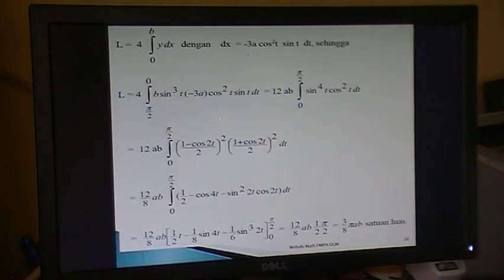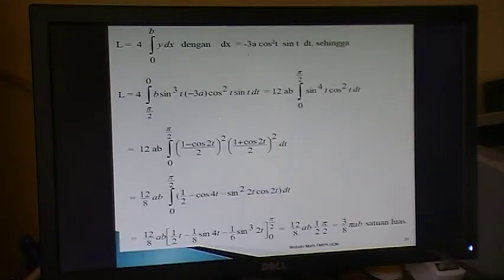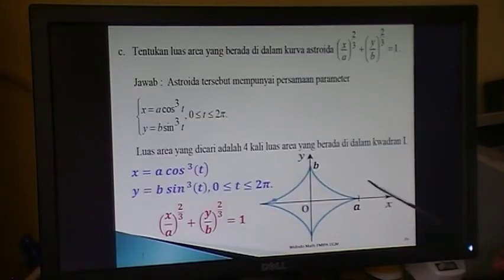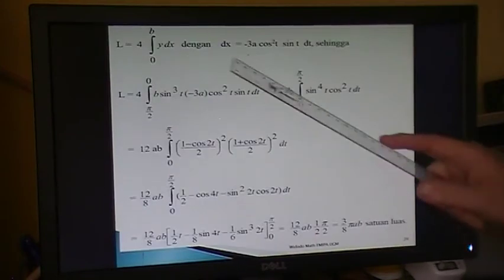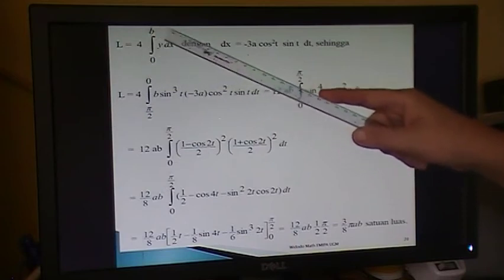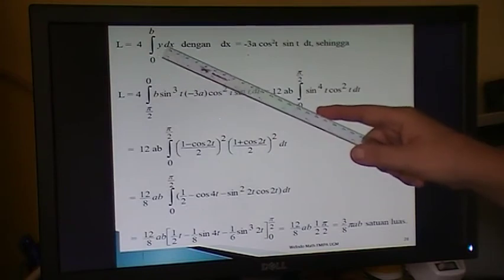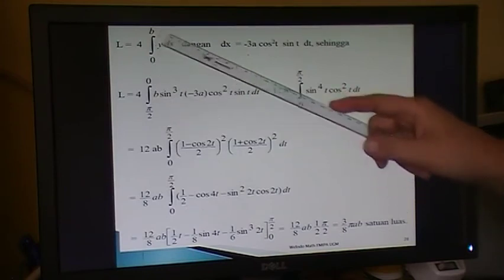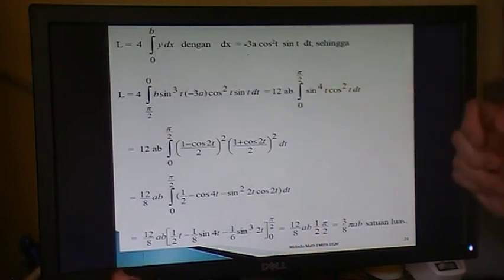In the first quadrant, if we want to count, this is a and b, I mean b is equal to 8. Then the total area is 4 times the area in the first quadrant. The integral of y dx between 0 and b is actually the area of the asteroid in the first quadrant.